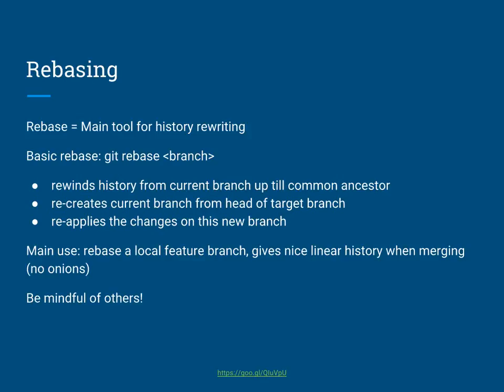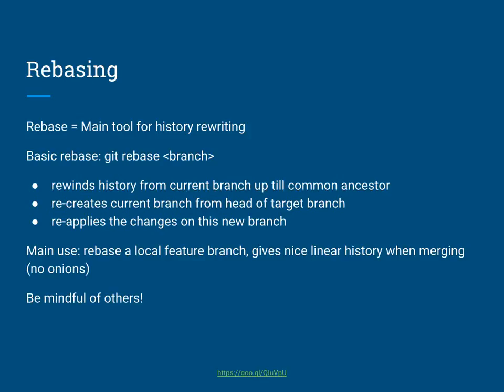So what's the advantage? Now, if I want to merge branch 1 into branch 2, or branch 2 into branch 1, I will be able to do a fast forward merge because now I have a nice linear history. So this is actually the main reason for rebasing. It's giving you this linear thing that you can then merge with a fast forward.